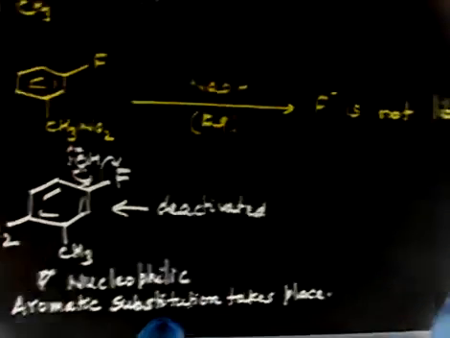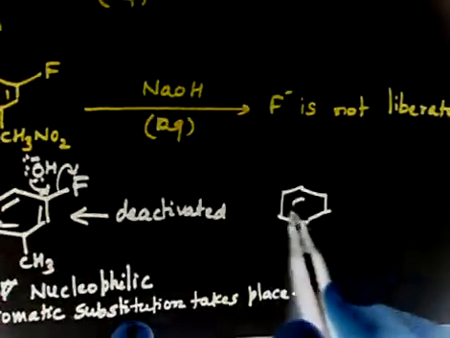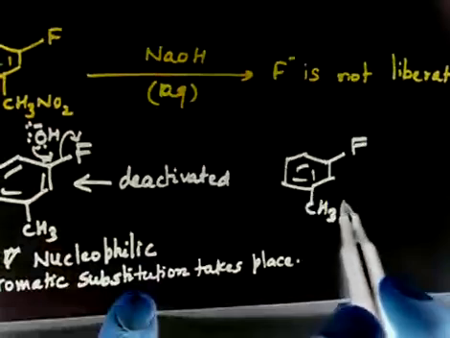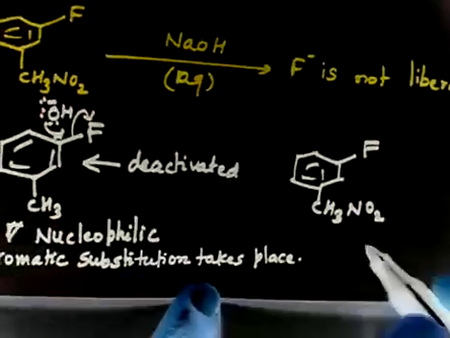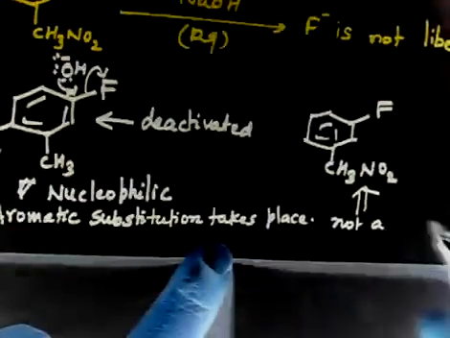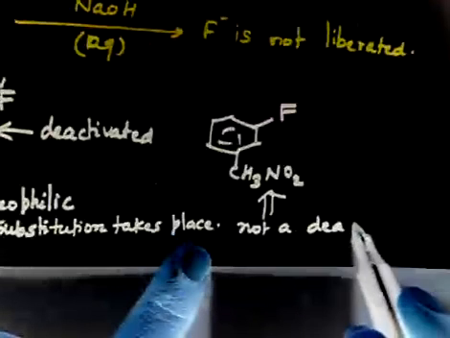Are you getting or not? But if you have something like this case, no nucleophilic substitution. This ring is not a deactivated ring, CH3, NO2. The ring is not deactivated in this case. Are you getting? So no nucleophilic substitution, not a deactivated ring.